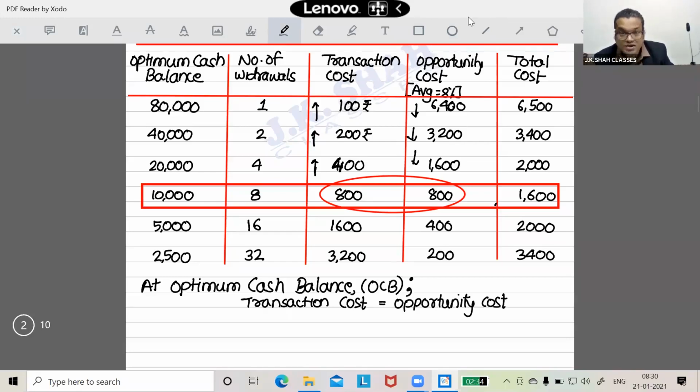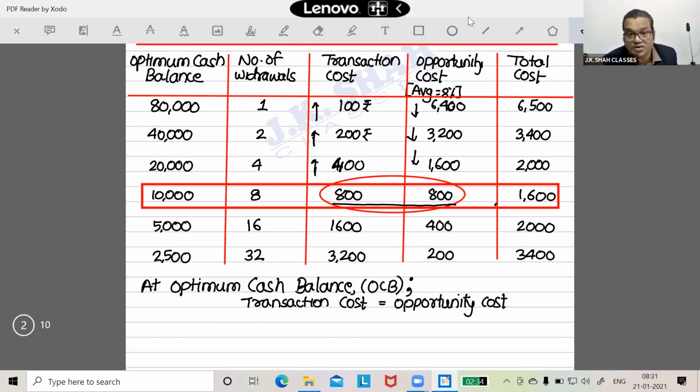You realize that one cost is continuously increasing, the other is continuously decreasing, but at one juncture, at this place, the transaction cost and opportunity cost have become the same, and that is your level of optimum cash balance.